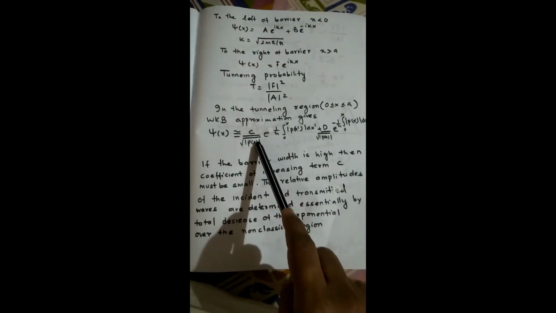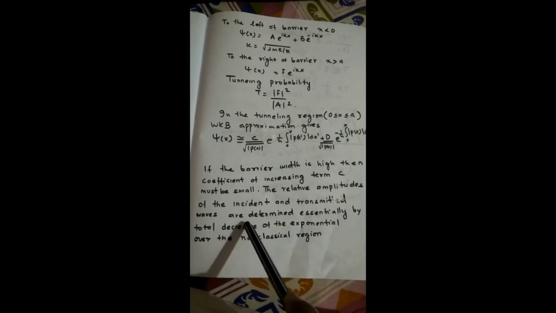So here what are the findings we get? If the barrier width is high, then the coefficient of the increasing term C must be very small, because once you are passing through the barrier, this cannot go on increasing. This must be very, very close to 0. So the relative amplitudes of the incident and the transmitted waves are determined essentially by the total decrease of the exponential over the non-classical region.